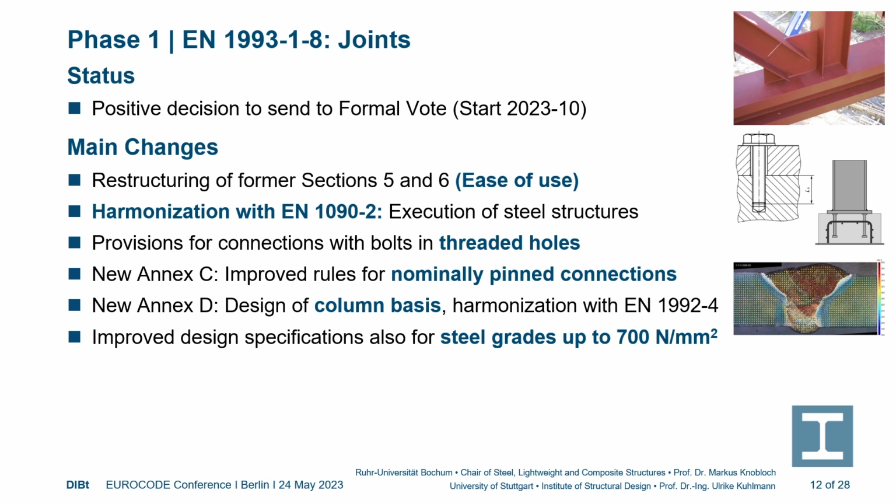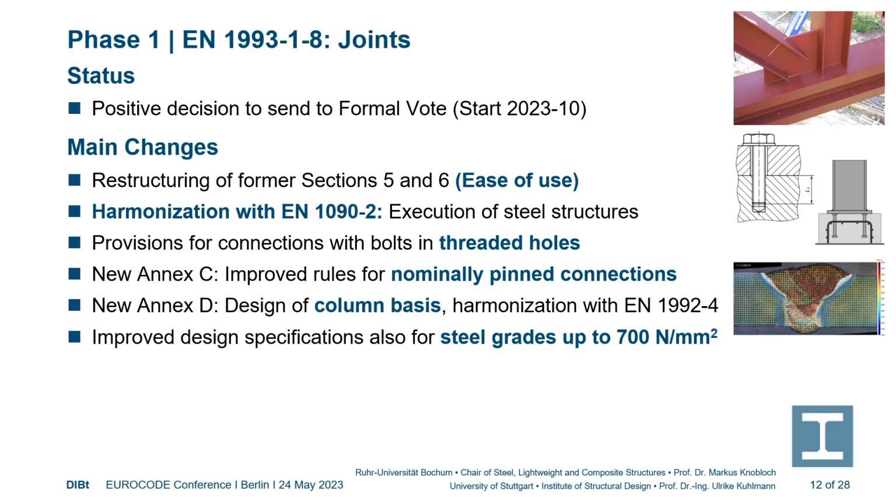A second part of our phase 1 is part 1.8. Again, this is very important for us. Again, we had a restructuring for ease of use. But we also have here, very important, a harmonization with EN 1090 Part 2, which is the code for execution of steel structures.